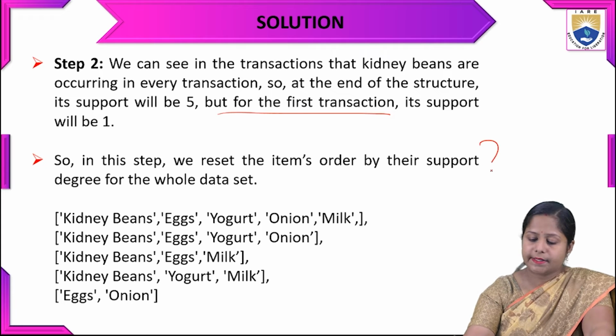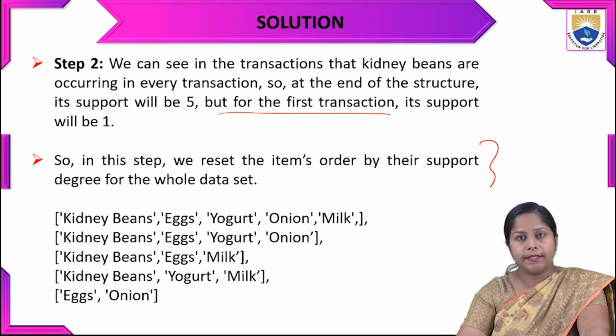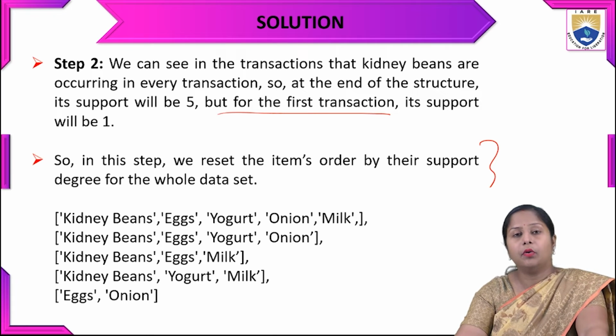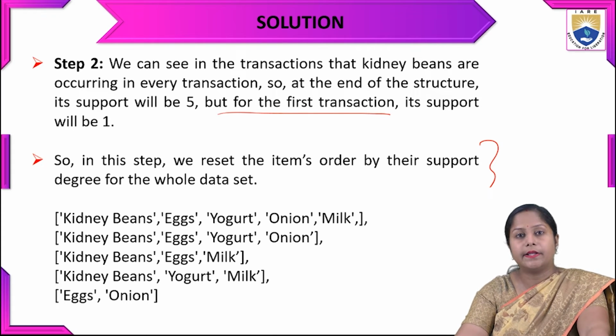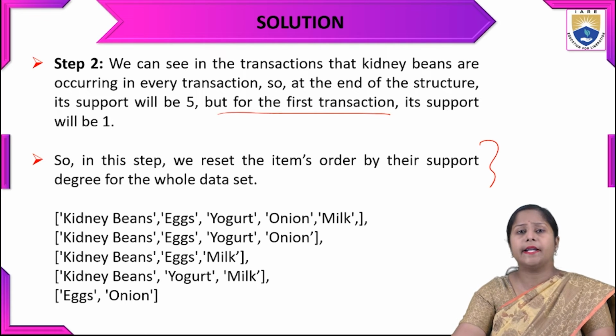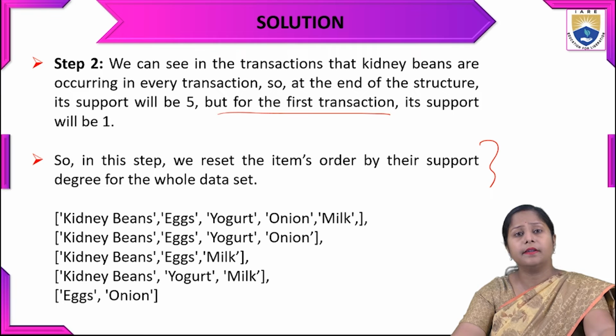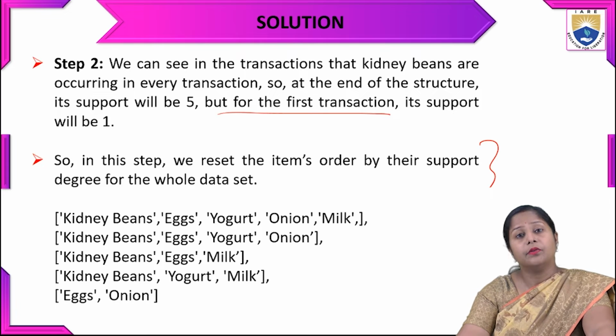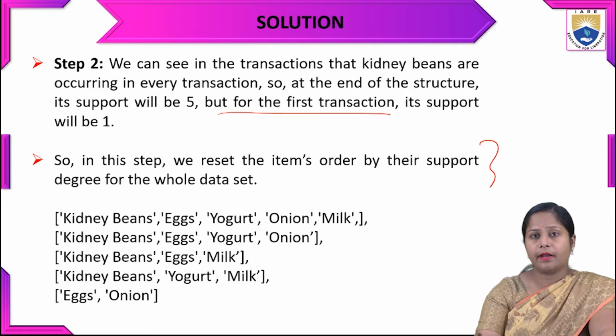Now, in this second step, we reorder the items by their support degree for the whole database, the full data set. So now, the items that do not satisfy the minimum support threshold, that is 50%, will be deleted from every transaction.